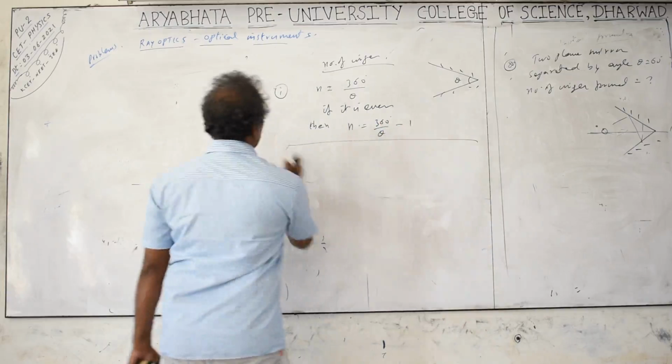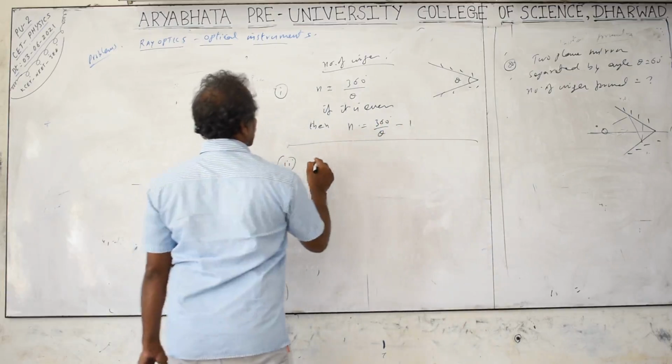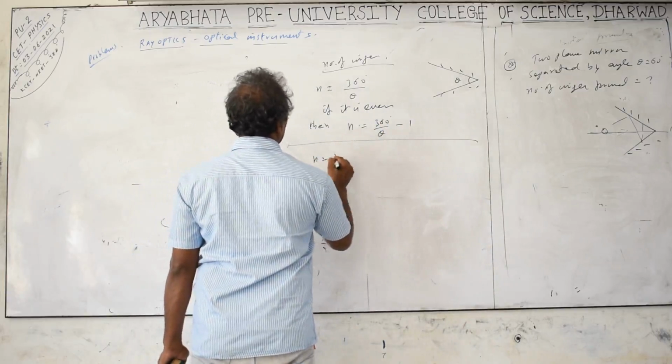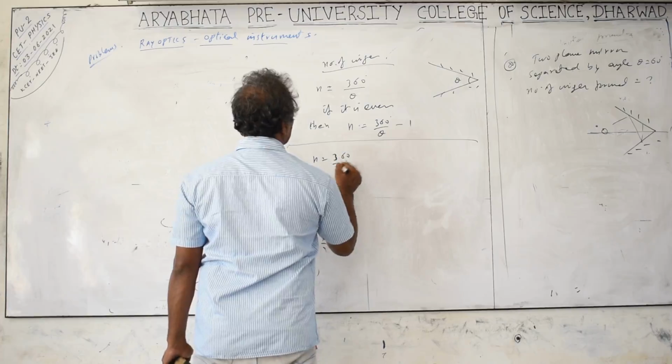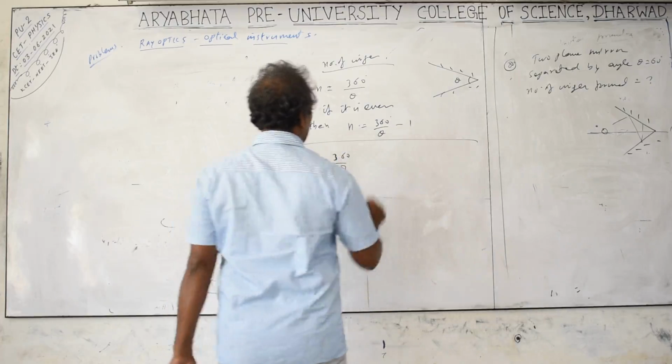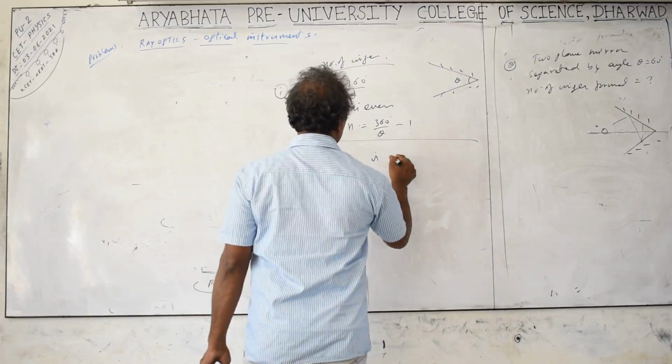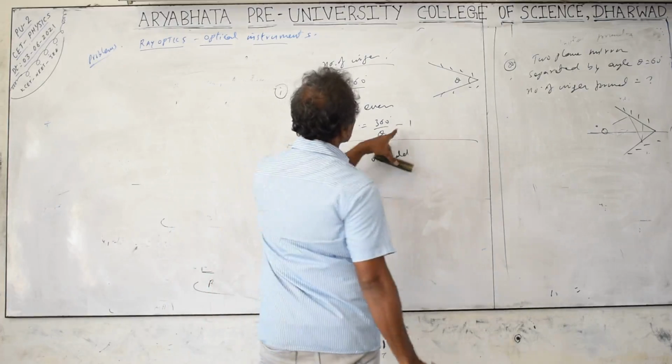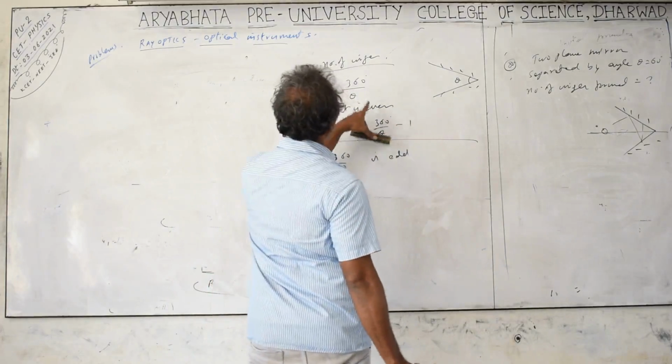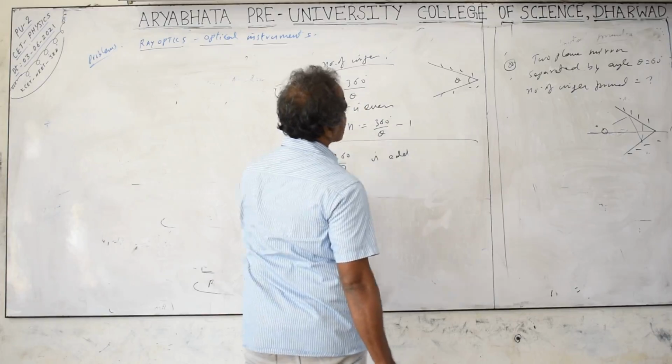The next case is if it is odd, n equals 360 by theta. Even means, for example, 4, 2, and so on; subtract 1 to make it an odd number.